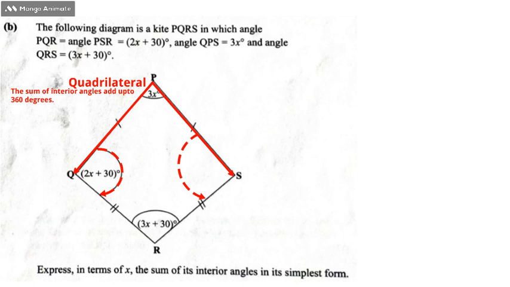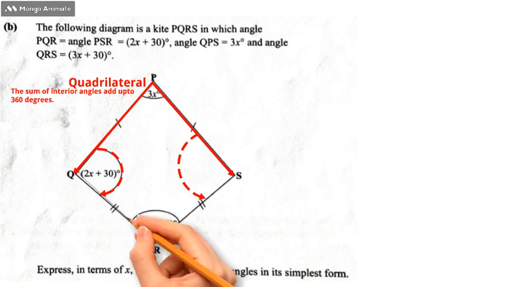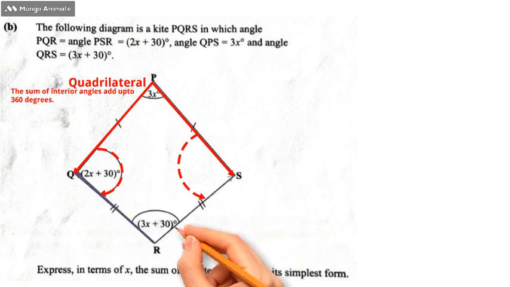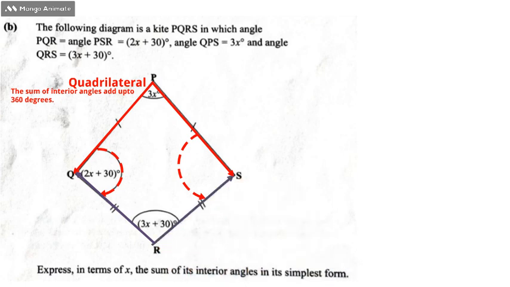Then when you look at the length of QR and the length of RS, they are also equal. That means the angles PSR and PQR are equal.